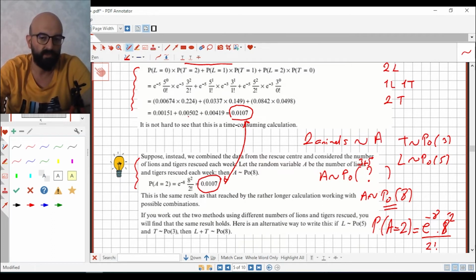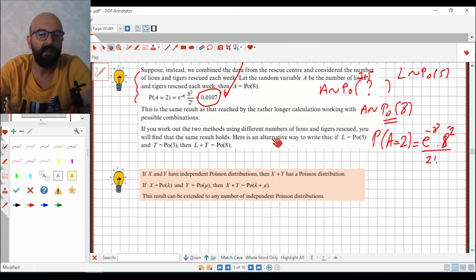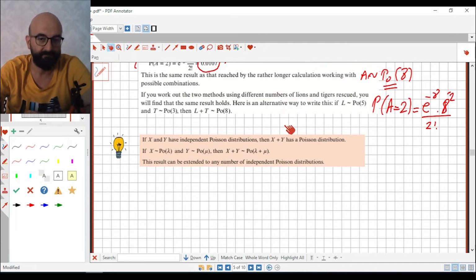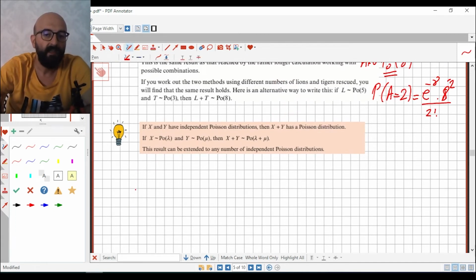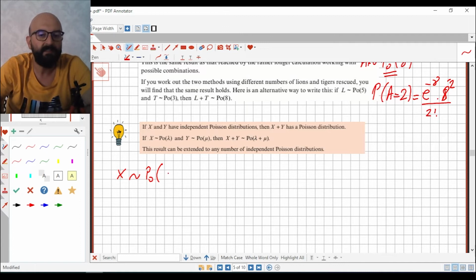So in the Poisson distribution, we can use linear combination. For example, x in the Poisson distribution with expected value lambda, y in the Poisson distribution with expected value nu.